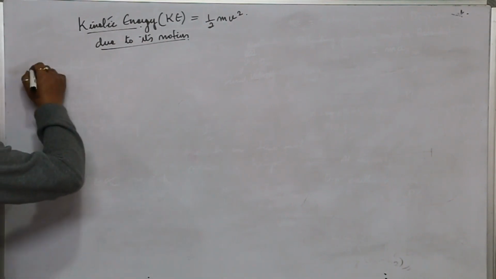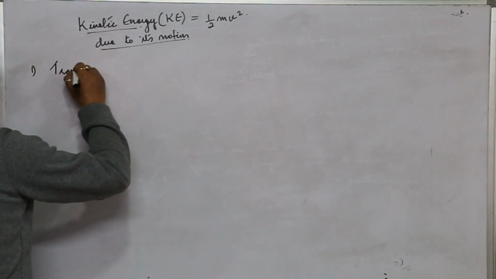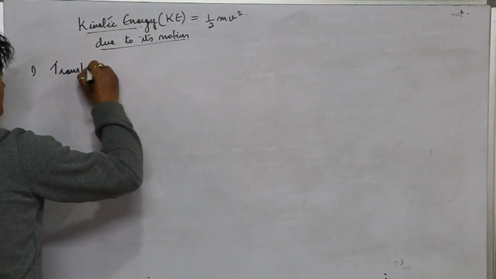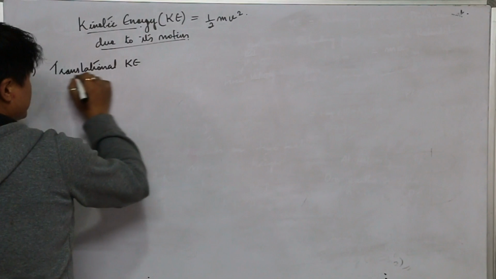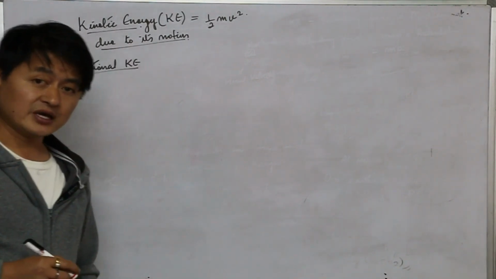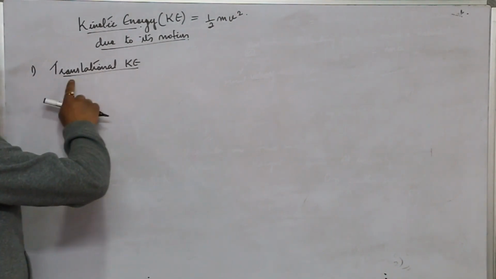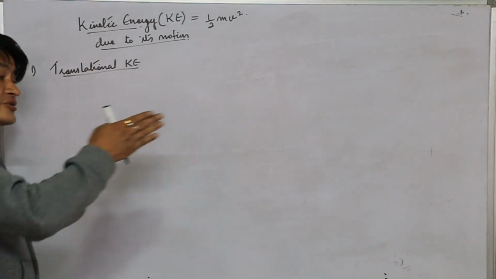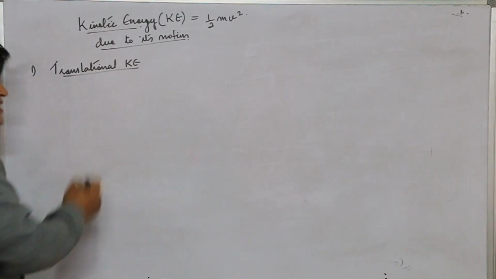One is translational kinetic energy. Translational means straight line. When a body is moving in a straight line path, the motion of the body is called translational motion. Kinetic energy possessed by a body in a translational motion is called translational kinetic energy.